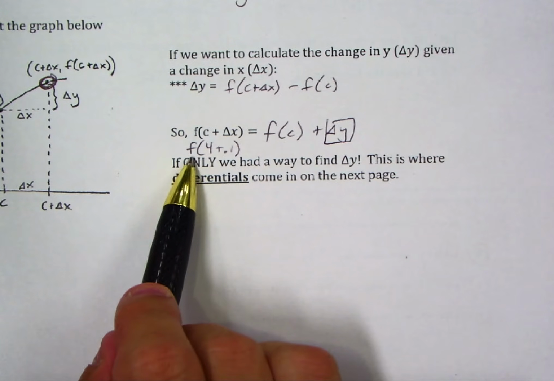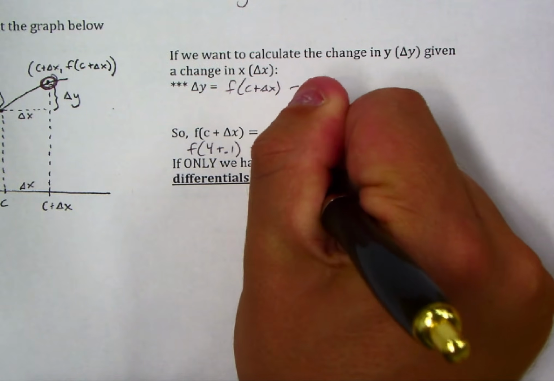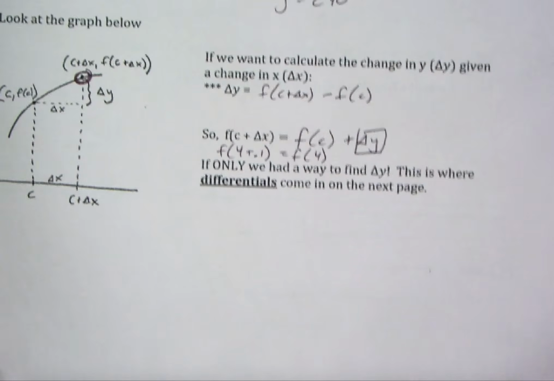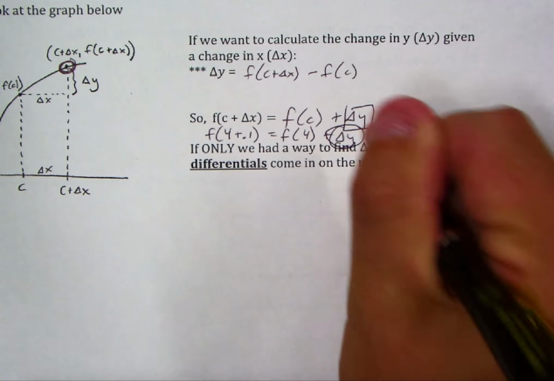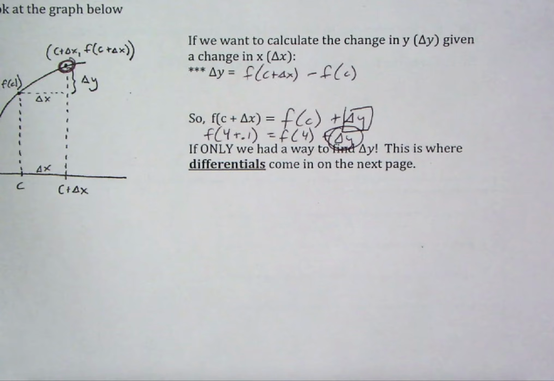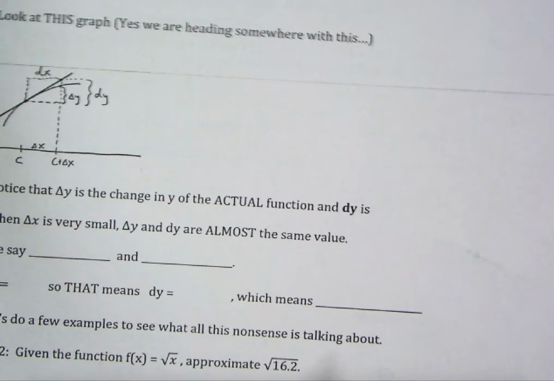And so if I want to figure out what f of 4.1 is, I take whatever f of 4 is, which I found really easily on the last example. It was 2. I take whatever that is, and I just figure out, well, what's delta y? And again, if I just knew what delta y was, I can answer the question very easily. So this is where differentials come in on the next page.